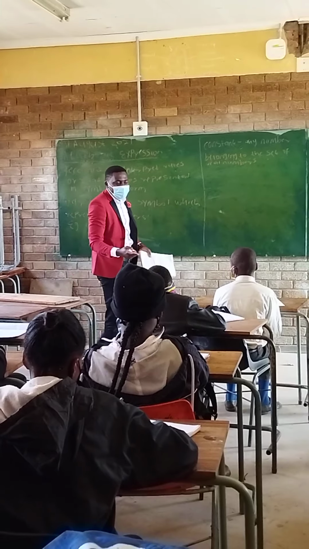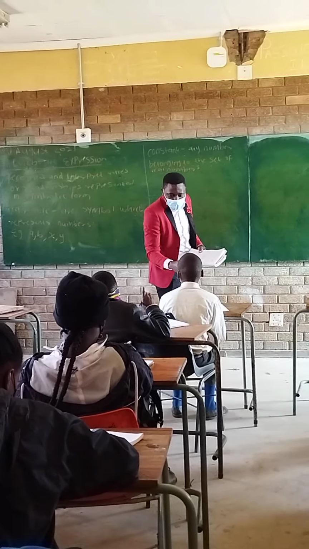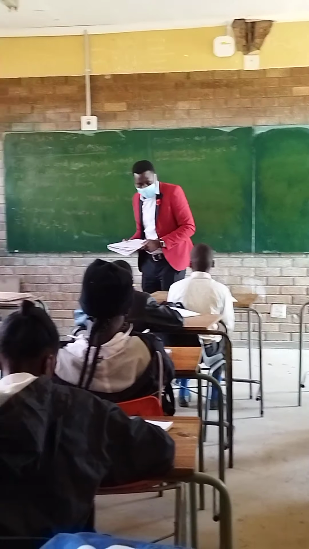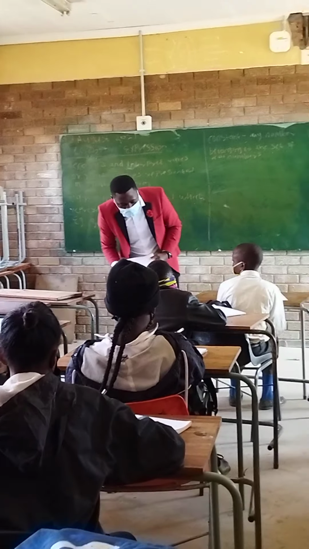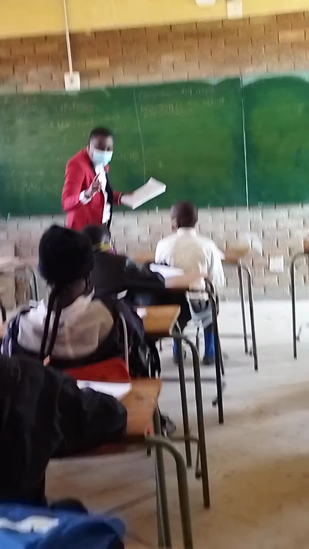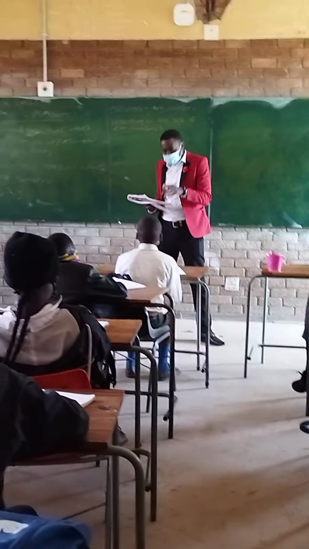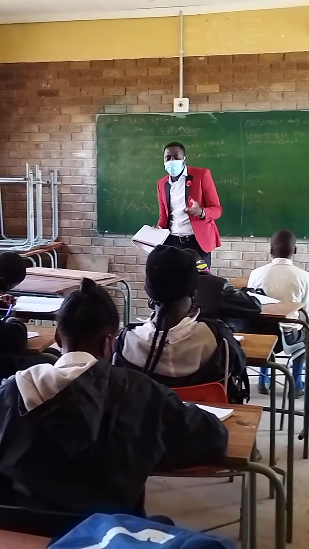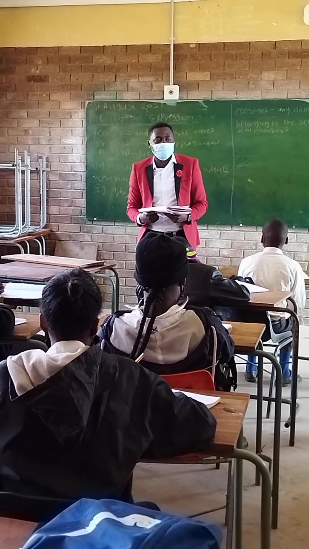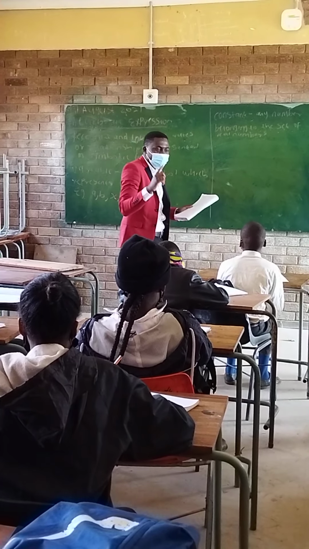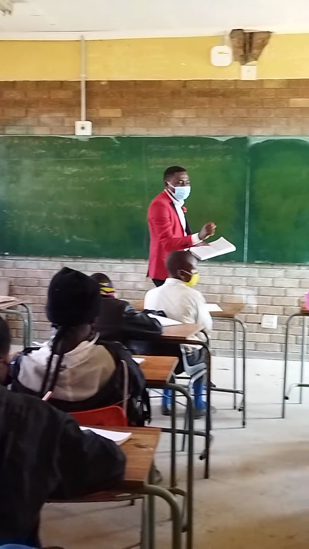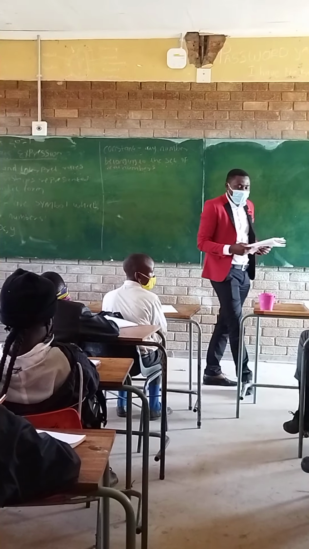What are the examples of natural numbers? Yes, starting from 1, 2, 3, up until infinity. That's very good. Then what are the examples of whole numbers?